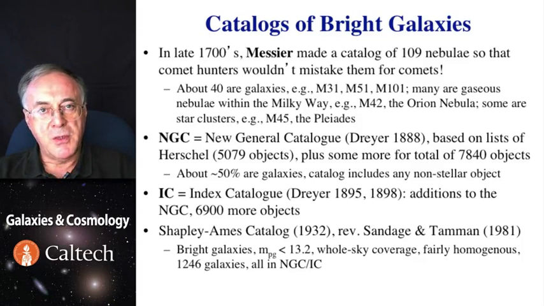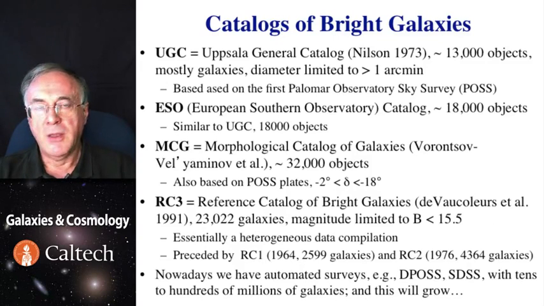In the 20th century, people started compiling more systematic collections of data on galaxies. Shapley and Ames were among the first. Tammann and Sandage followed. With the advent of the first systematic sky surveys, originally the photographic ones from Palomar Observatory, it became possible to do this in a systematic fashion and go much fainter.